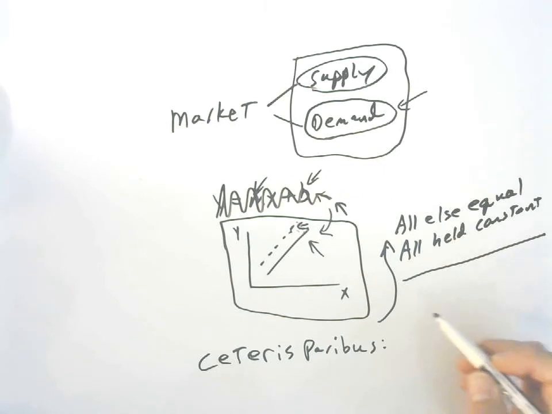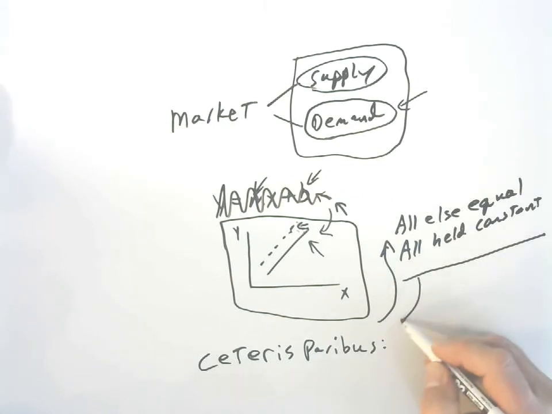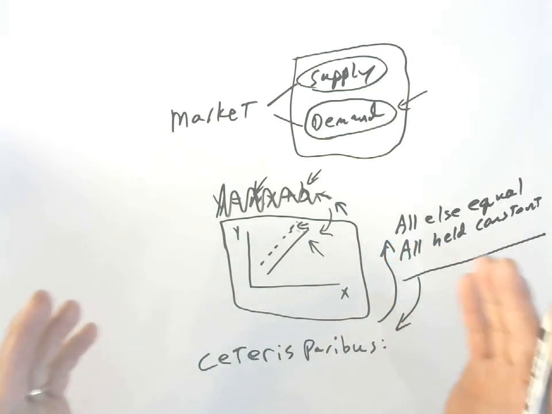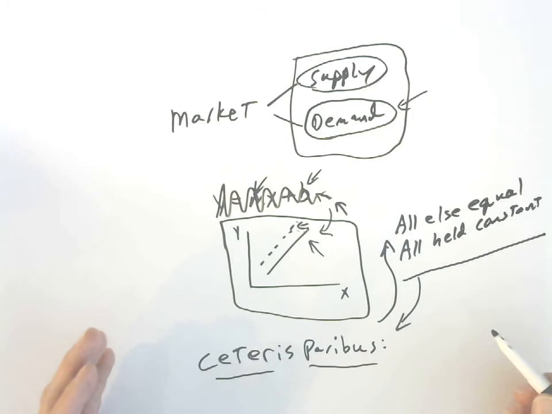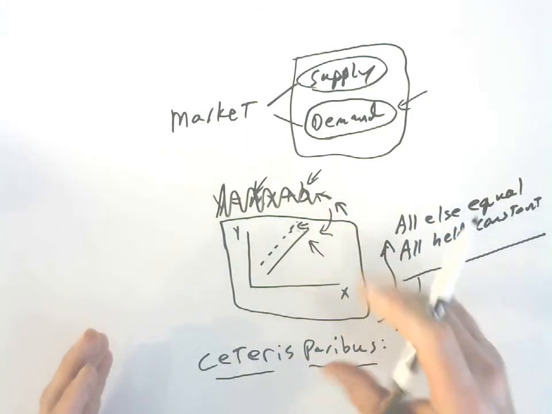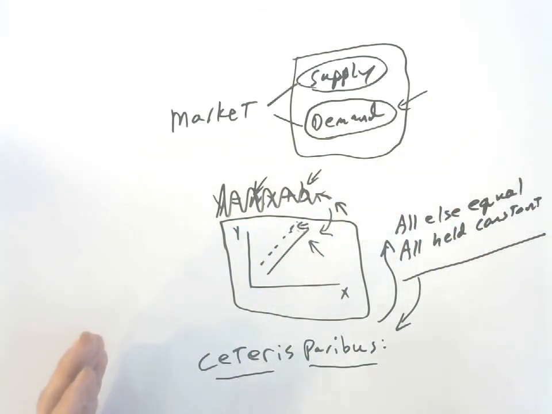So we will be grounding all of our analyses under this clause of Ceteris Paribus. We'll be sending a shock into the market, looking at how the model changes, holding all other factors that may influence that market constant.